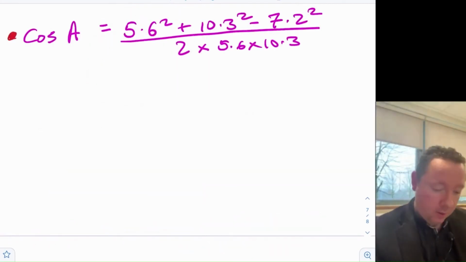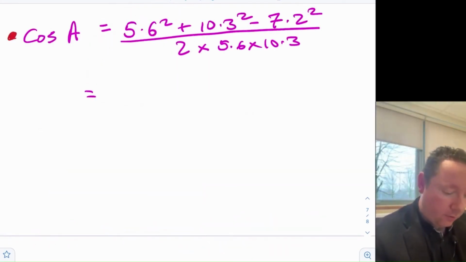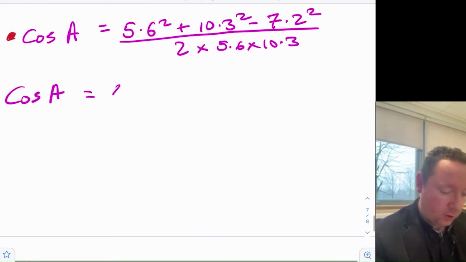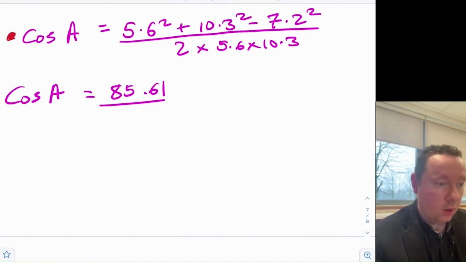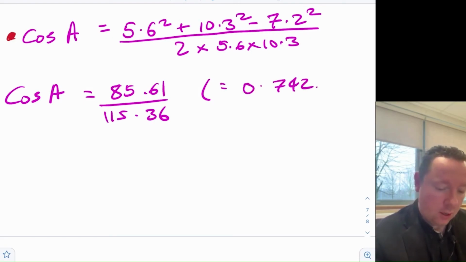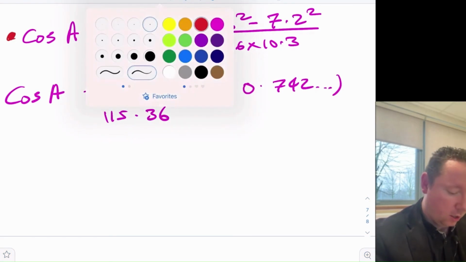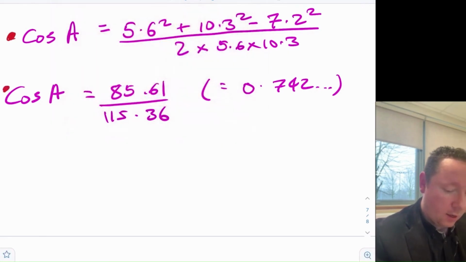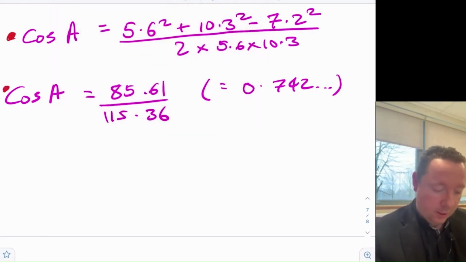For our next mark, if we can work out that cos A is equal to 85.61 on the top over 115.36, or leaving that as a decimal, which would be something like 0.742, that gives us our second mark. Then looking at our third mark, calculating the angle.